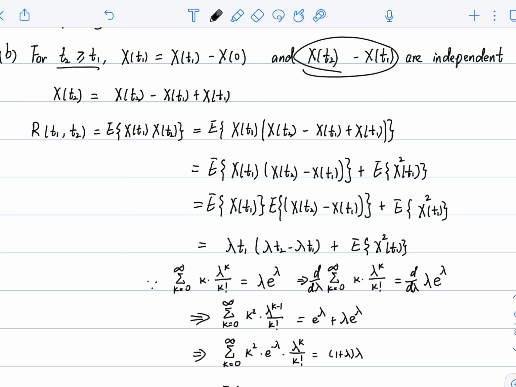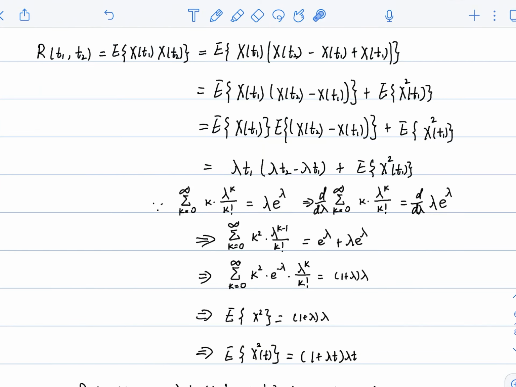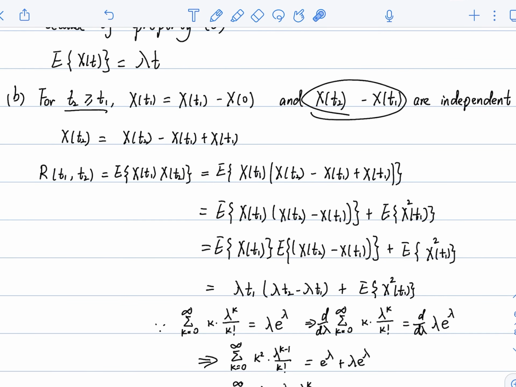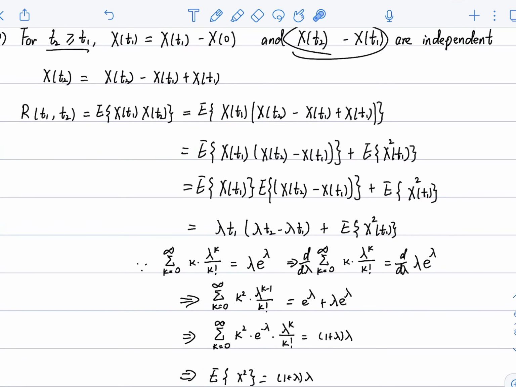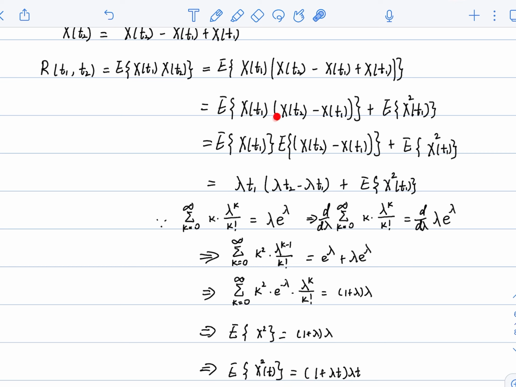Multiplying this part with X(t1), we get the formula. Because X(t1) minus X(0) and X(t2) minus X(t1) are independent, it can be written in this way.